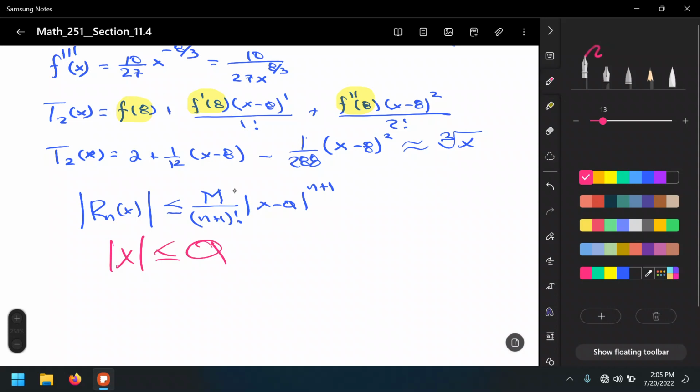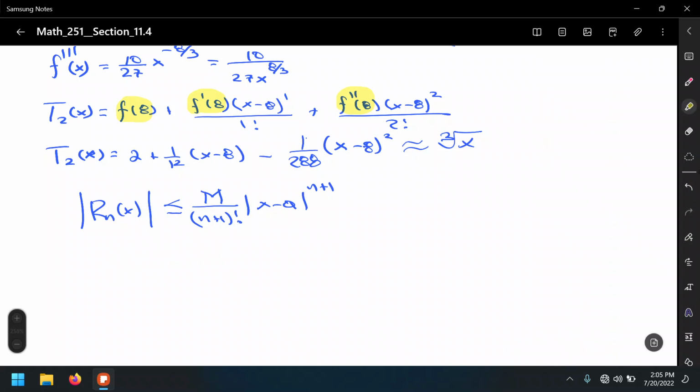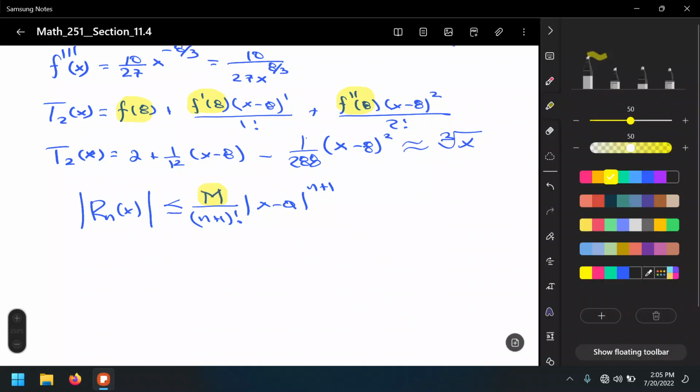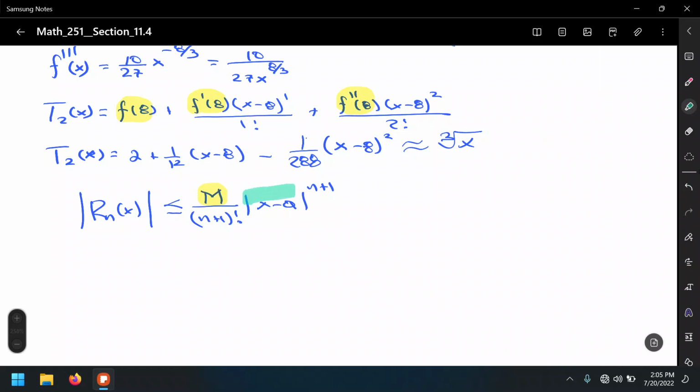What would you say about it? The largest, right? So in this case, we need to split this calculation into 2 parts. We need to do a calculation for m, and we need to do a calculation for this as well. Let's do one at a time.